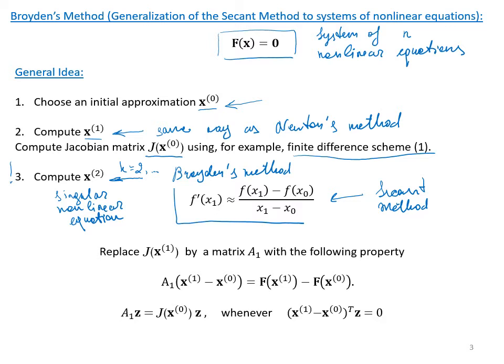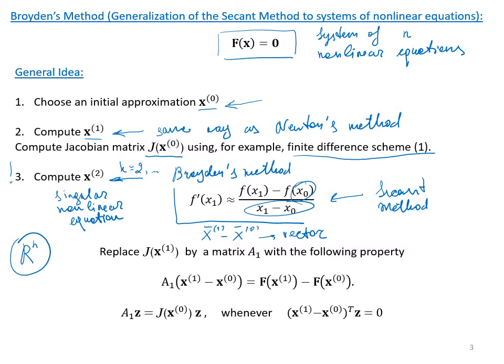But in our case, when we deal with nonlinear systems, we work in n-dimensional real-valued space, and our difference x1 minus x0 is not a number anymore, because here it was just a number, but this is a vector.